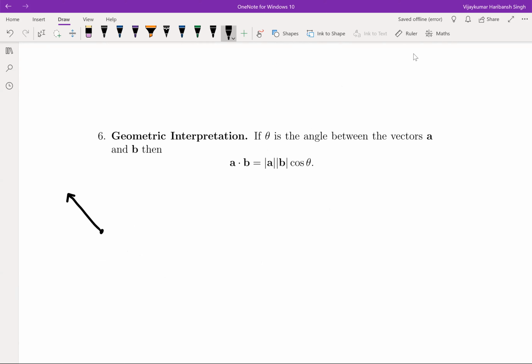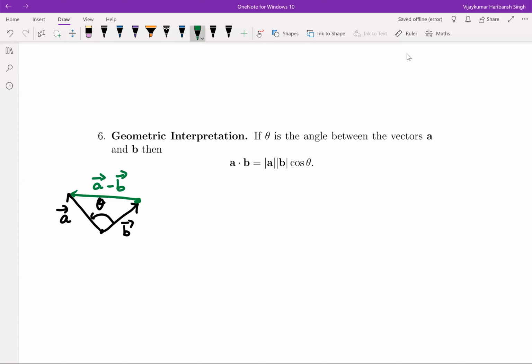Then the vector joining them here can be written as A minus B, and theta is the angle between them.